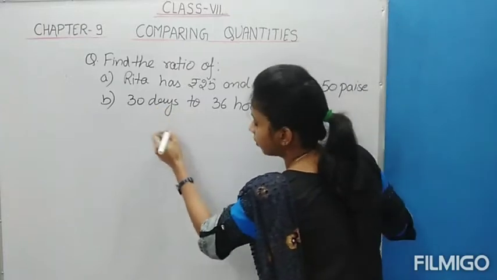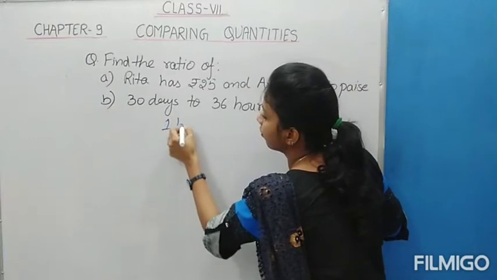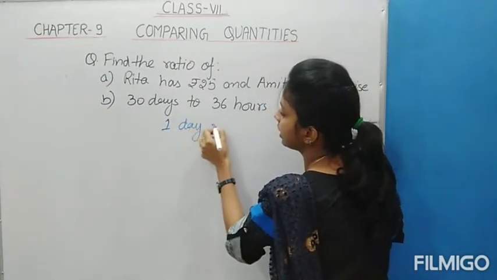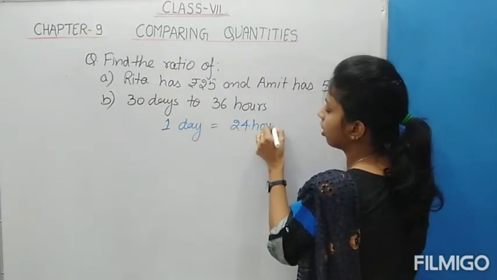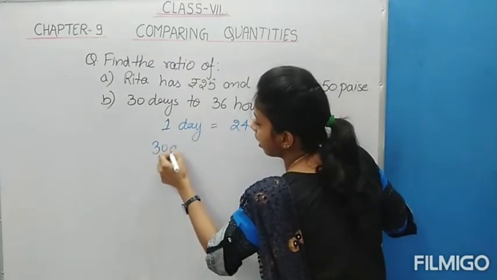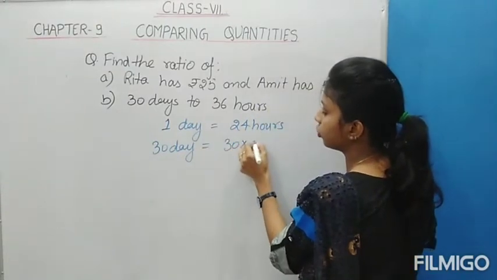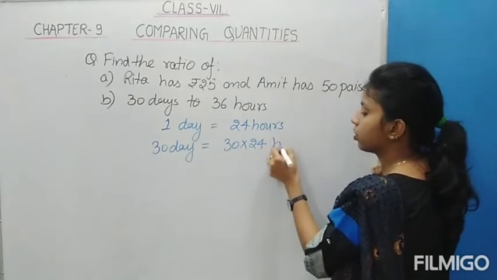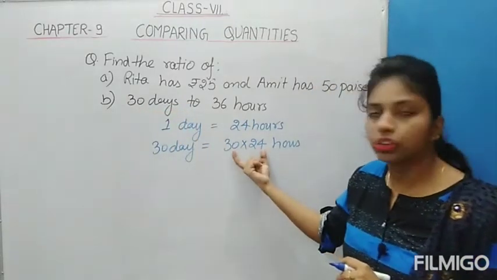We know that 1 day is equal to 24 hours. So 30 days means how many hours? It is 30 into 24 hours.